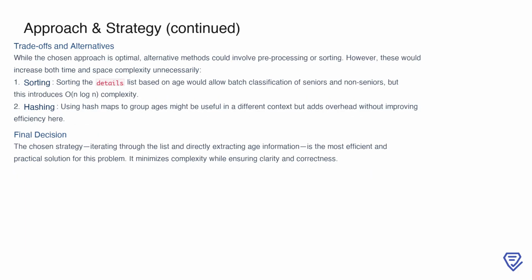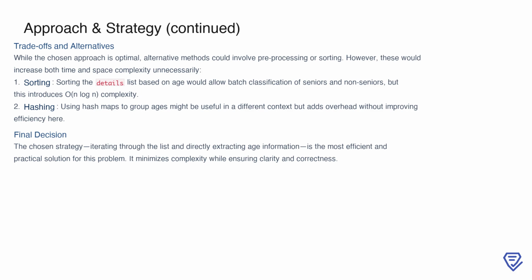While the chosen solution is optimal for this specific problem, it's worth briefly discussing some alternative strategies and their trade-offs. For example, sorting the details list by age could enable a batch classification of seniors and non-seniors. However, this would introduce additional computational overhead, resulting in a time complexity of O(n log n), which is less efficient than our chosen approach.